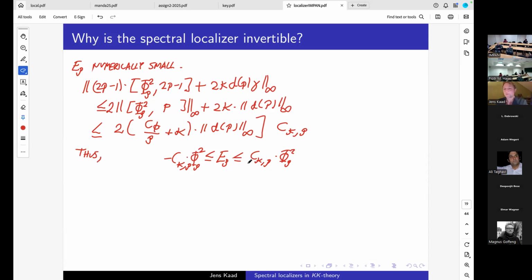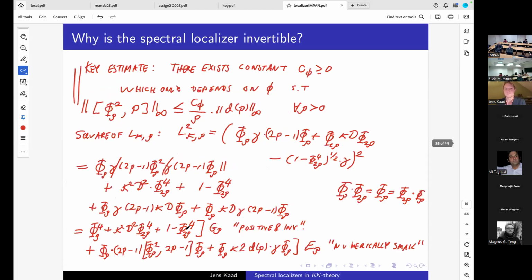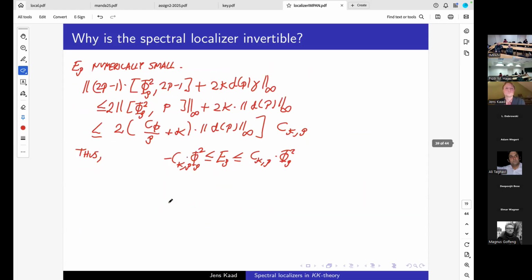Then I said that G rho, that's the leading term here, was positive and invertible. I'm going to find a lower bound on G rho. So here's a lower bound on G rho.